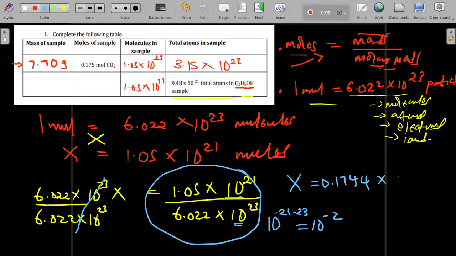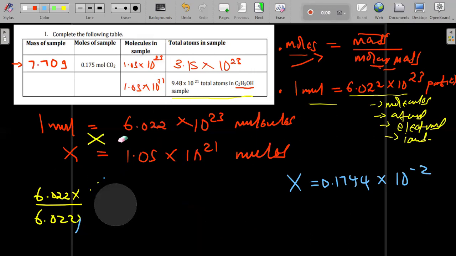So I'll come here and say 10 to the power minus 2. We can now change that to a decimal. So x is equals to, just get that number and then multiply it by 10 to the power minus 2.